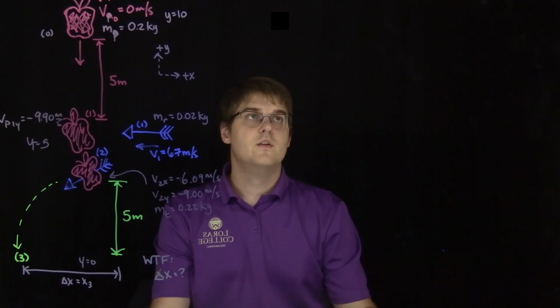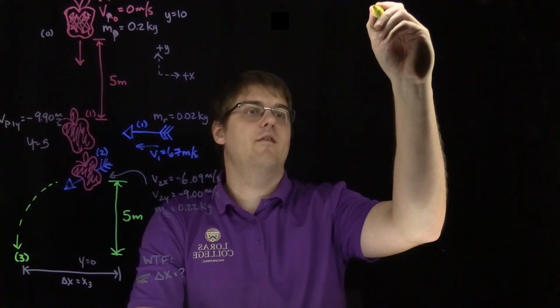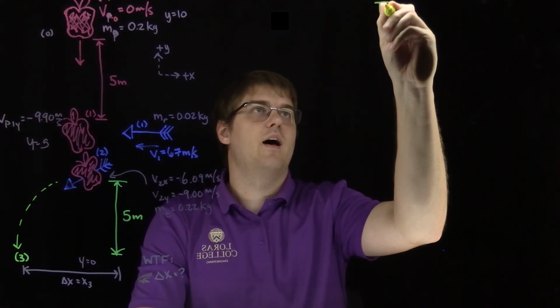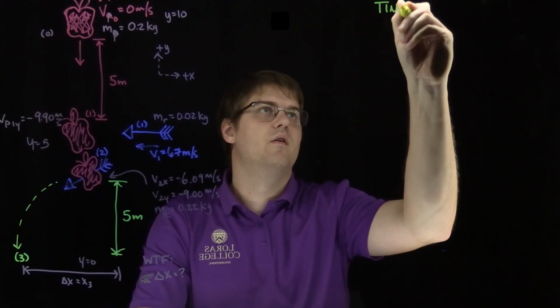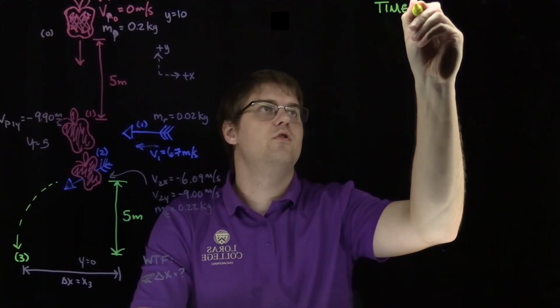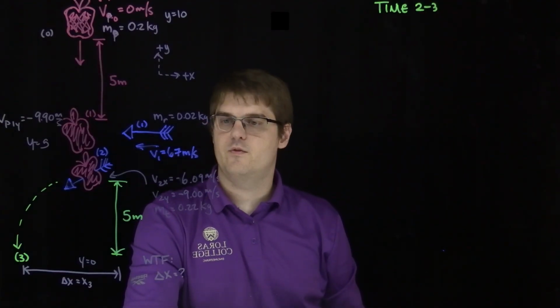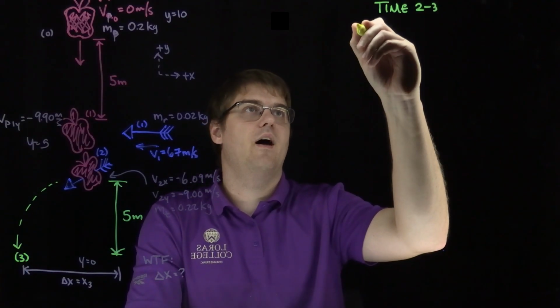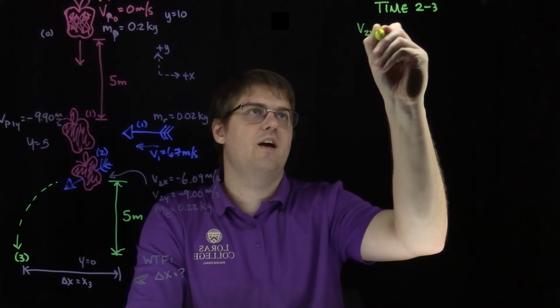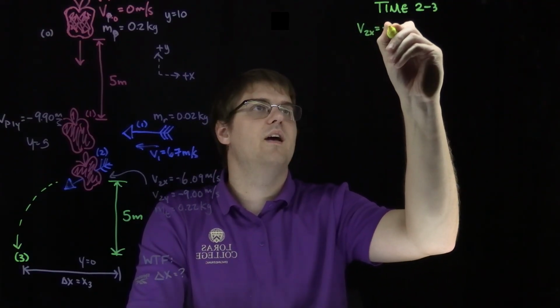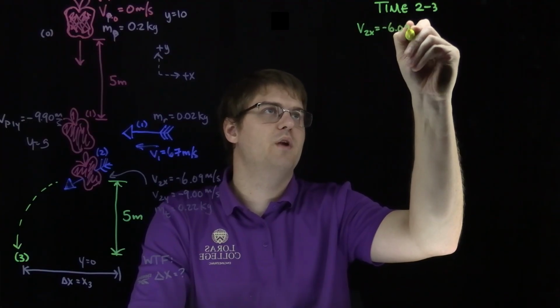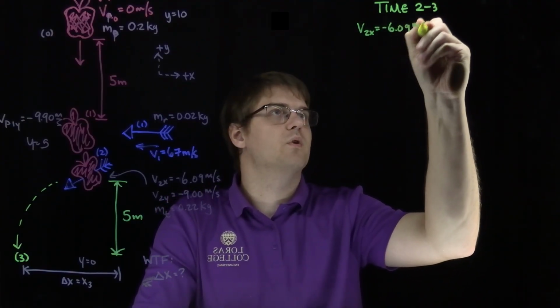Okay, so I have my time from 2 to 3. And for time from 2 to 3, I have velocity of 2 in the x is negative 6.09 meters per second.